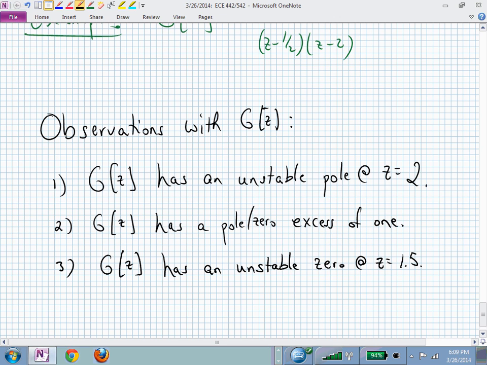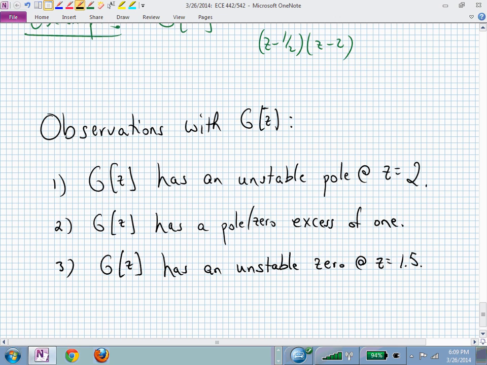You might build a system that has an unstable zero intentionally, like they've made fighter aircraft unstable by design, but that gives them more maneuverability. No, the unstable zero doesn't really make your system unstable.